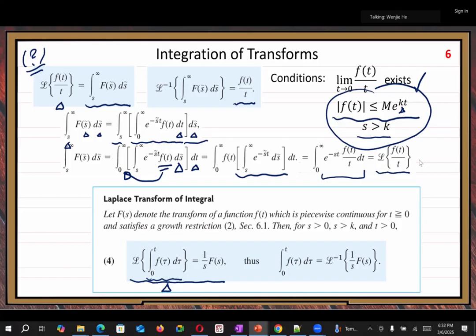That's the proof. At this place we switched the order, that's the Fubini theorem. It's a powerful theorem.